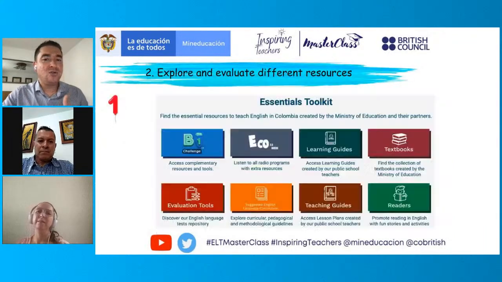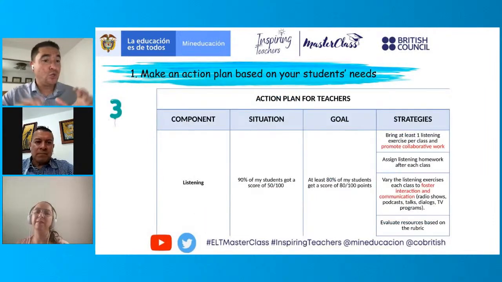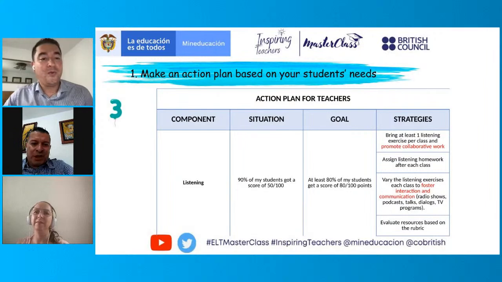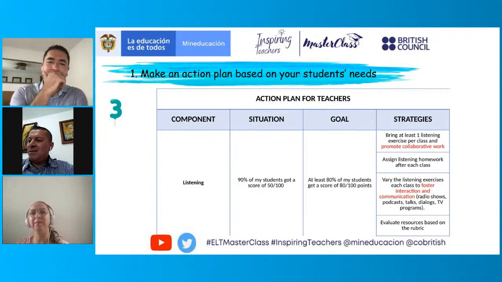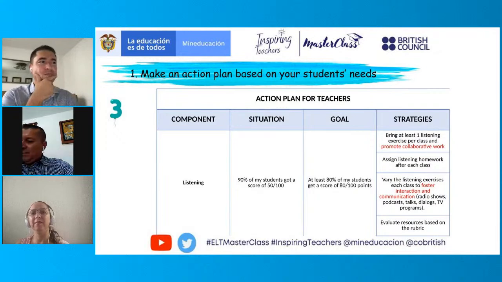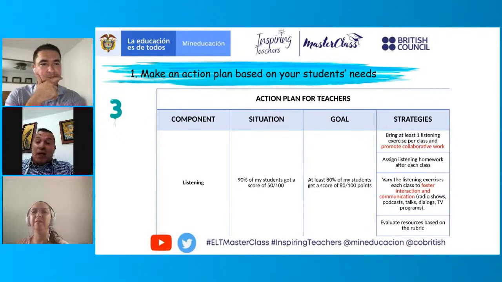An action plan based on our students' needs, okay? Would you like to have it? Would you like to have it, Martin? Would you like to have this action plan? Of course. Okay, so I'm going to share it with you. For communicative skill, for improve the communicative skill. Good. Thank you. Martin, what can be the action step number 2? Action step number 2. I go to the resources in order to choose one.